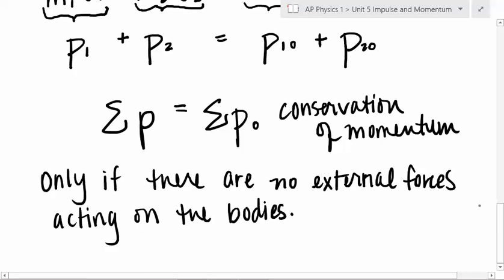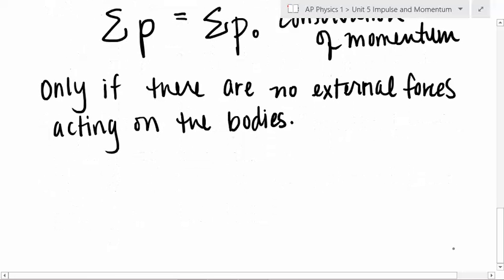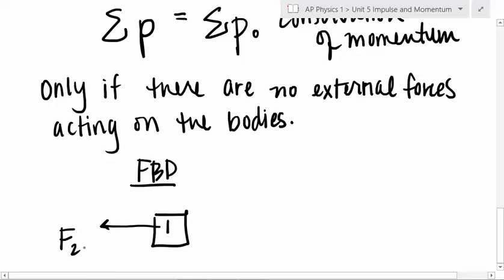So that means that at the moment of collision, the only forces in the direction of the collision have to be the interaction forces. So your free body diagram would have to look like, here's object 1. There's the force of 2 on 1.